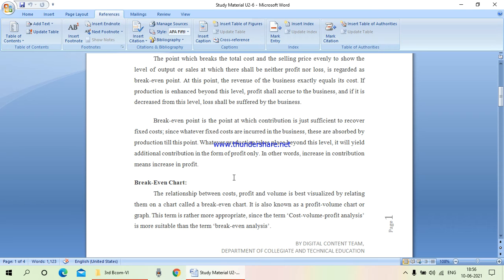This term is rather more appropriate, since the term cost-volume-profit analysis is more suitable than the term break-even analysis. The break-even chart is the diagrammatical representation of the cost, profit and volume data.